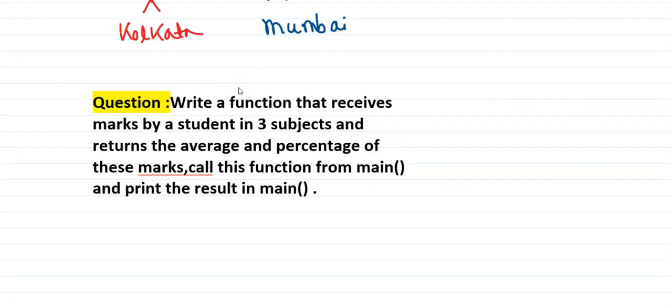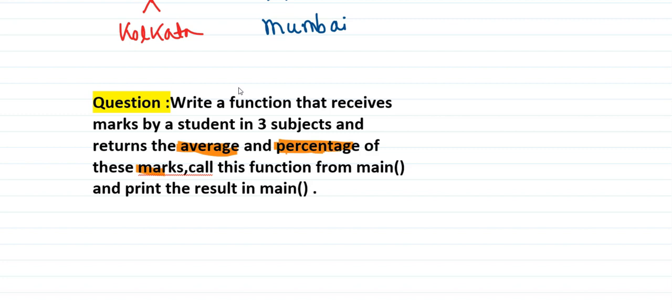Basically, the question says: write a function that receives marks of a student in 3 subjects and returns the average and percentage of these marks. Here you see we have to return two values, average and percentage. So here is the implementation of the theory.